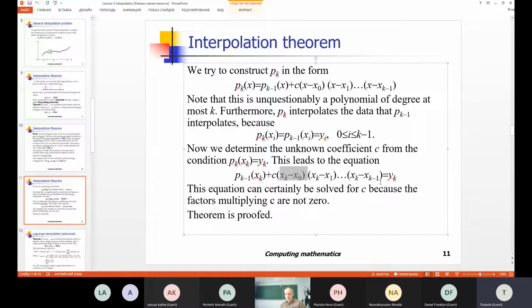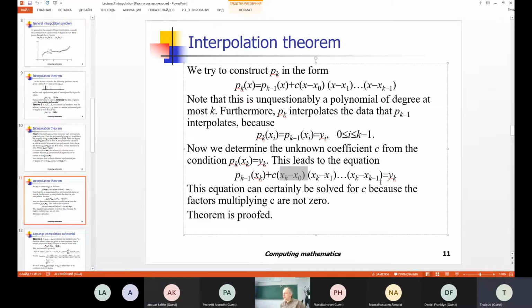The theorem is proved. So we proved the existence of this polynomial, and we proved the uniqueness of this polynomial. So the interpolating polynomial of degree n exists and is unique. But the question is, how to find it?